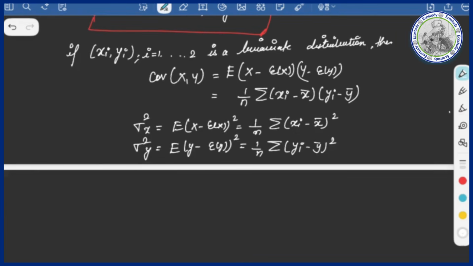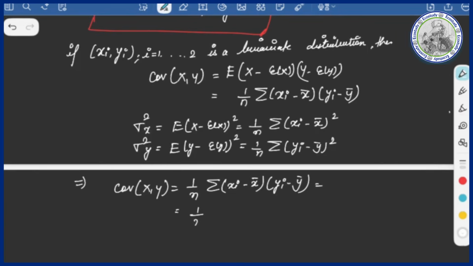So the final formula: covariance of x, y is equal to 1 upon n sigma (xi minus x bar) into (yi minus y bar). When you multiply out the summation, we get xi yi minus xi y bar minus x bar yi plus x bar y bar.